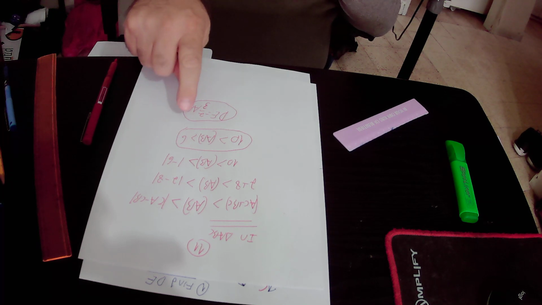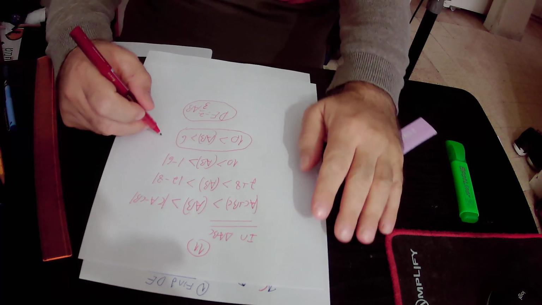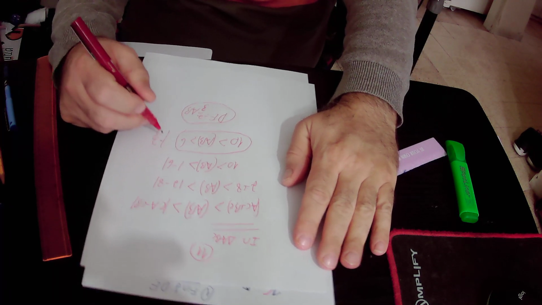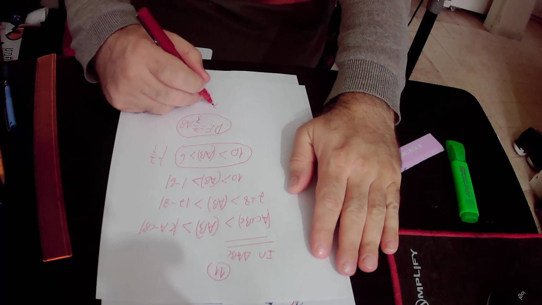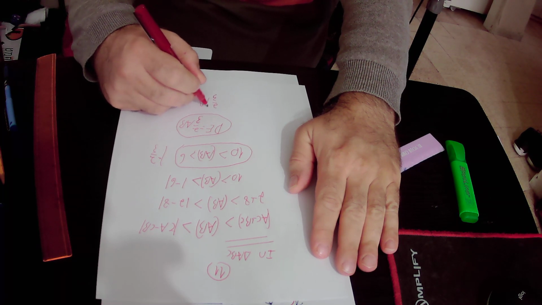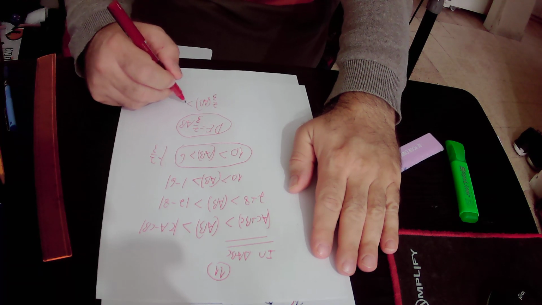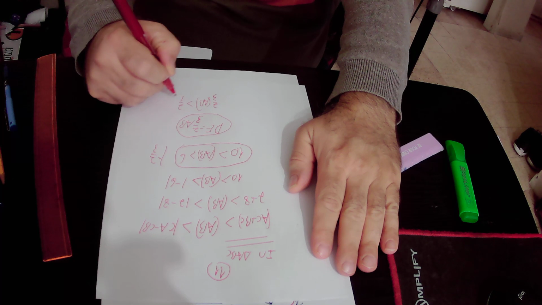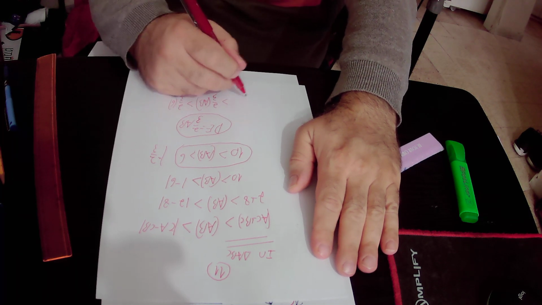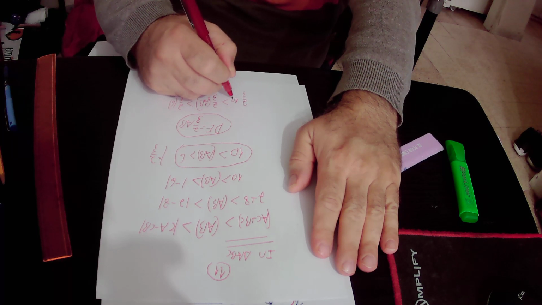Here we will multiply this inequality by 2/3, and we will get that 2/3 AB is greater than 2/3 times 6, and smaller than 2/3 times 10. We multiplied the inequality by 2/3.